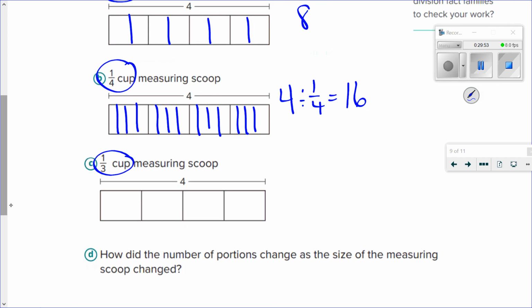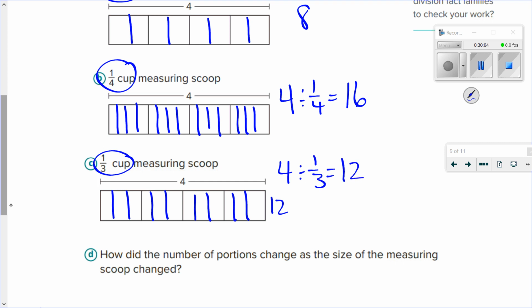When I divided it into 1/3, 4 divided by thirds equals 12. So, how did the number of portions change as the size of the measuring scoop changed?